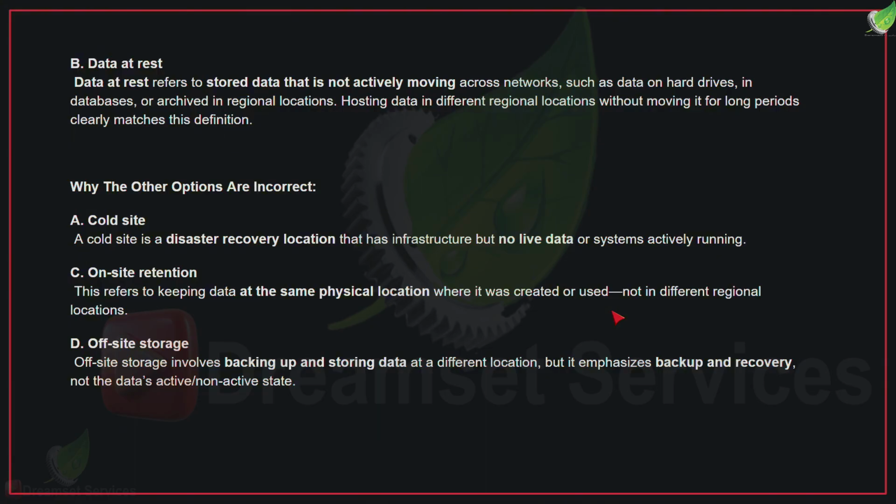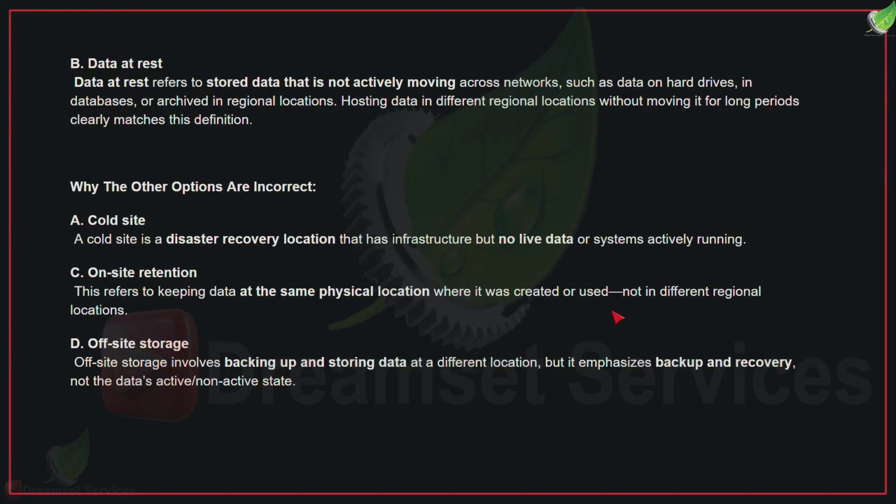Why the other options are incorrect? A. Cold site. A cold site is a disaster recovery location that has infrastructure but no live data or systems actively running. C. On-site retention. This refers to keeping data at the same physical location where it was created or used, not in different regional locations.